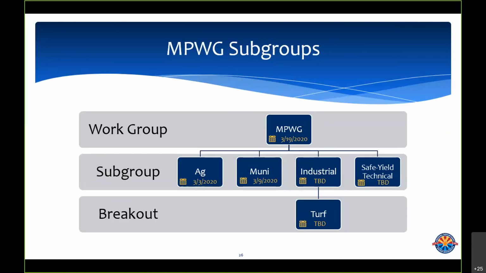We have an ag subgroup meeting on March 3rd, and we have a meeting of the full work group, where we'll kind of check in and provide updates from all of these subgroups on March 19th.